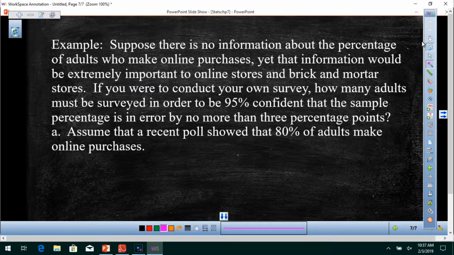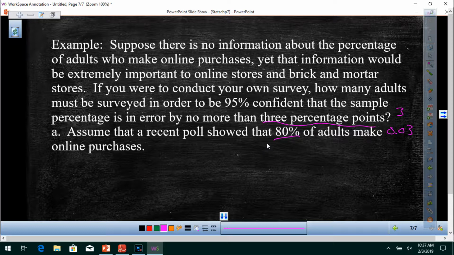Okay? Now, here is a mistake that a lot of people make. 3 percentage points. That is not 3, that is 0.03. Be careful with that. So, A, assume that a recent poll showed that 80% of adults make online purchases.